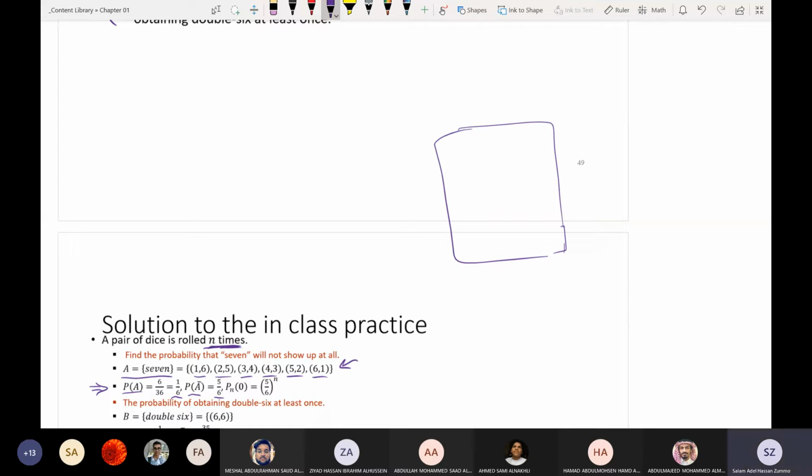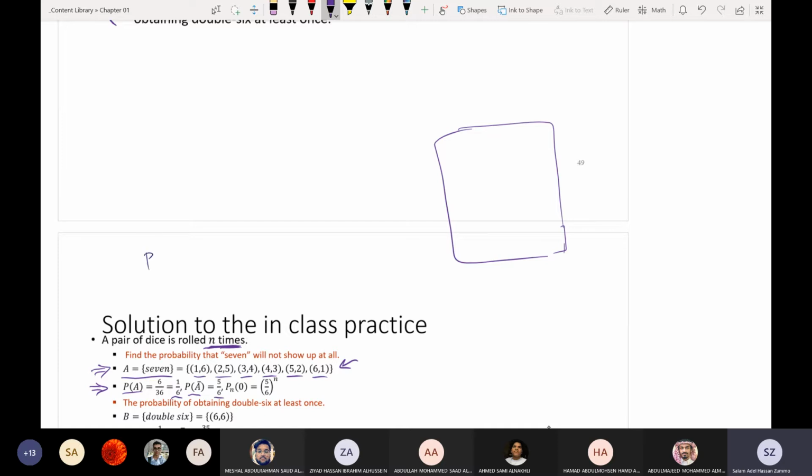So here it is as if we are defining a Bernoulli trial. You have an experiment which is rolling the dice, and we define the event A as having 7, and A complement as having no 7. So any sum, but not 7, which has a probability of 5 over 6.